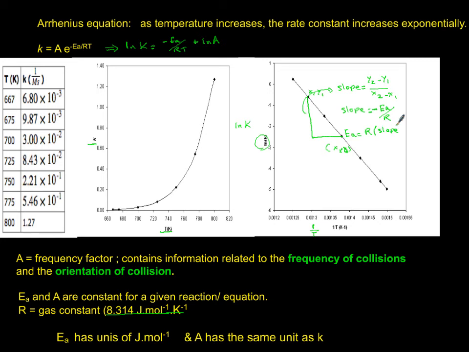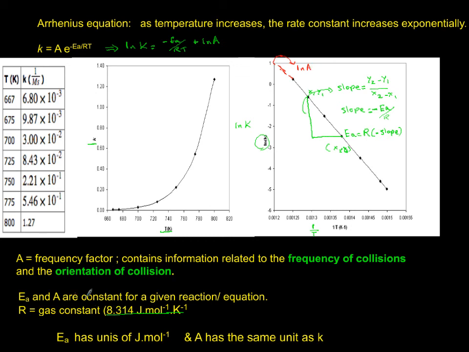You have to make sure you multiply it by the negative slope, because activation energy is always a positive value. And that's how we find EA. If they challenge you on what is natural log of A and then A, you can either plug it in once you have EA, or you can extrapolate this line, and your intercept is natural log of A.